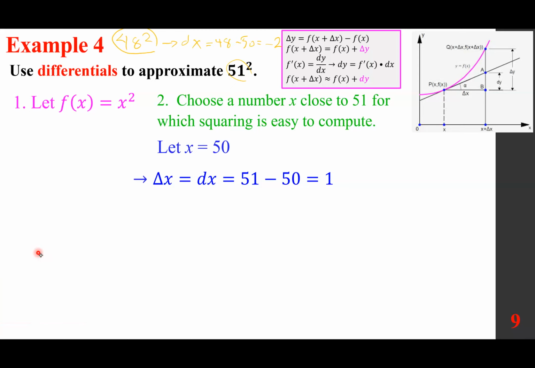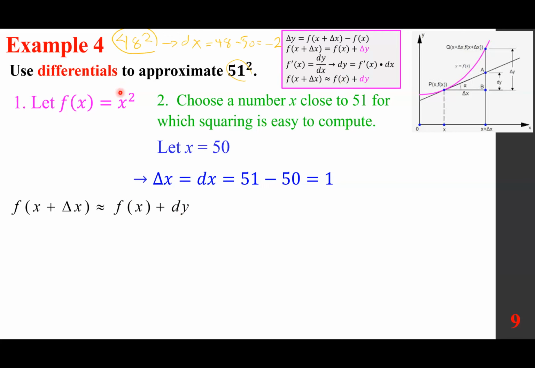All right. So what we need to do is to calculate f of x plus delta x. This is exact, and we are going to approximate it using this formula. So we want f of x plus delta x approximated by f of x plus dy. So that means we need f of x, which we already have. We need to find dy.